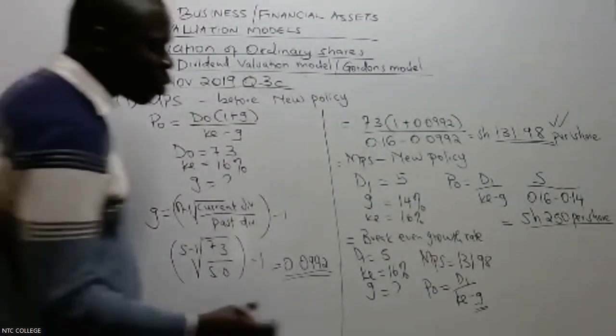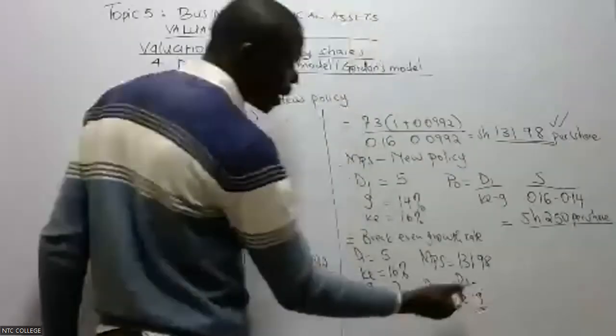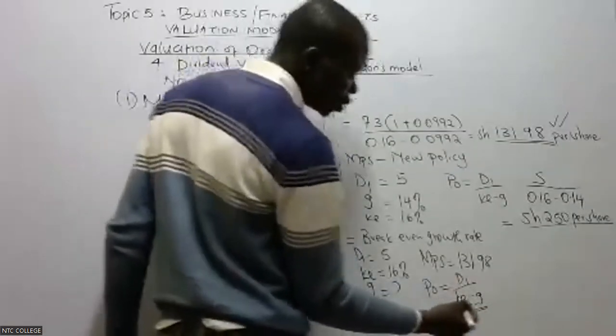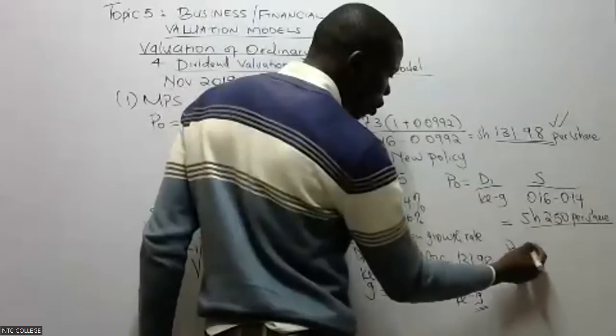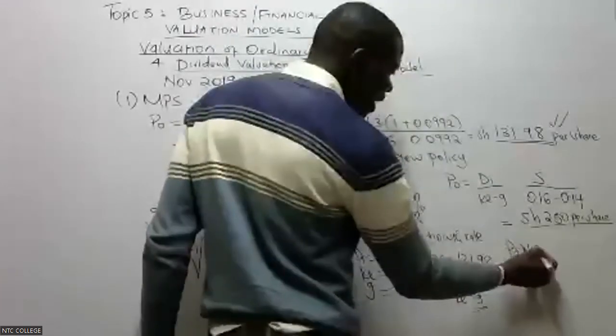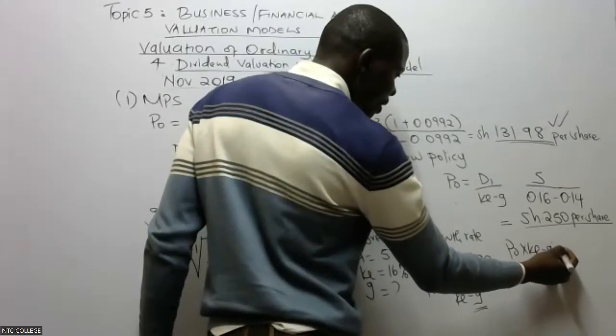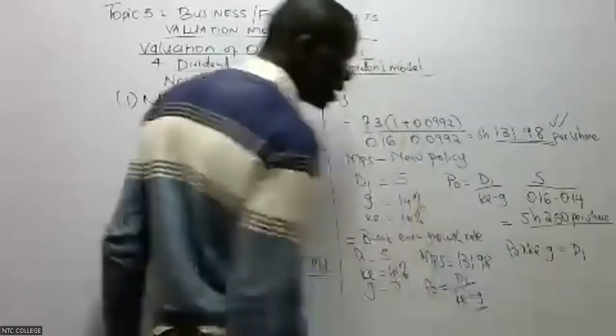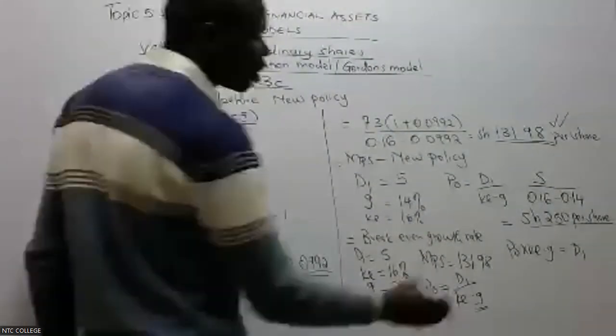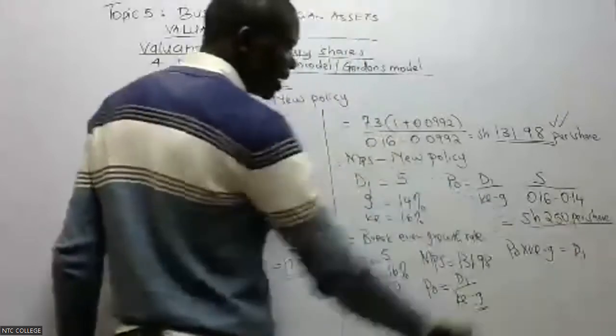What do we do? We shall multiply both sides by KE minus G so that we get P0 times KE minus G is equal to D1, right? Then we take all these other values on that other side.